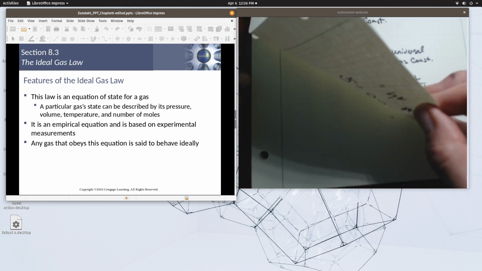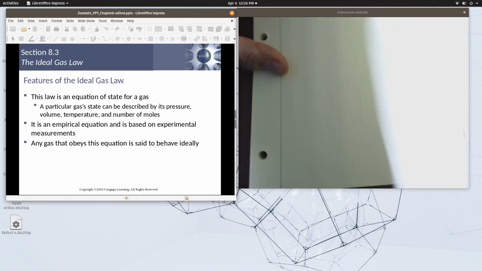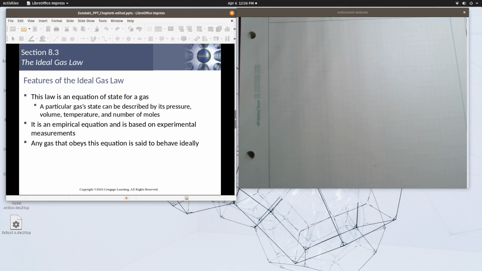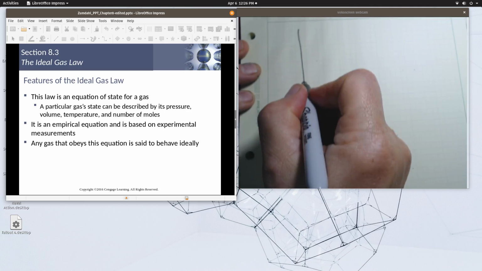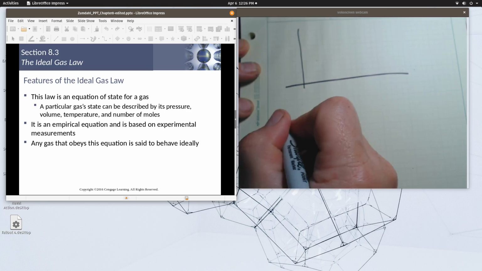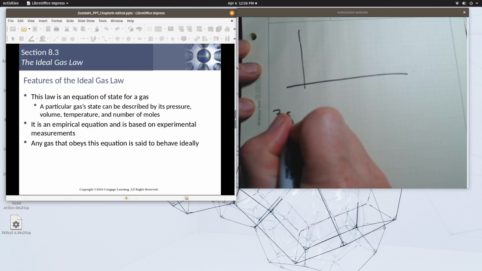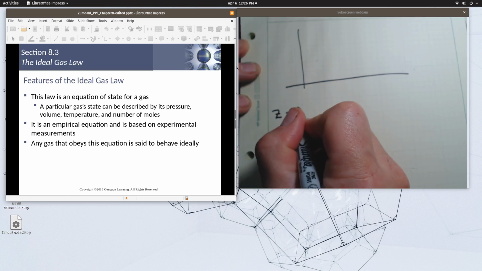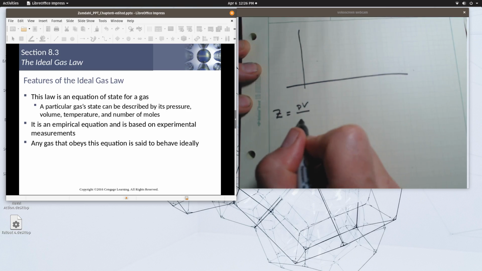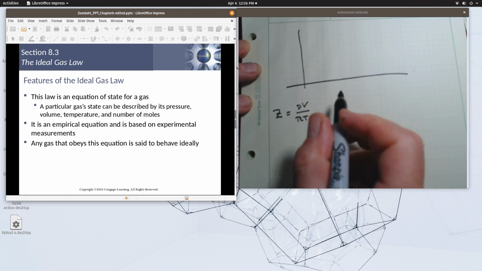Now, we can look at deviations from ideal gas, and that's important. Let's make a plot, for example, of a new number Z, defined as pressure times volume over RT for 1 mole.